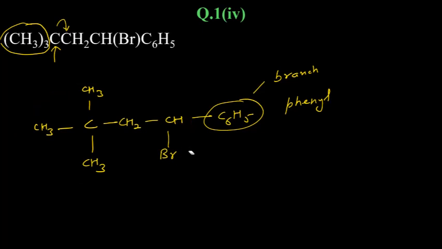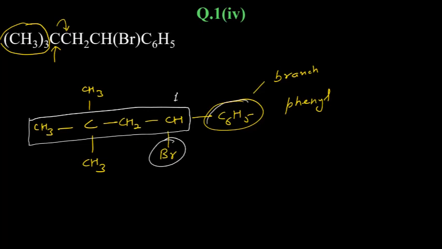Now the main chain. Main chain is of 4 carbons. Which one will be the first? This will be the first because on this one first there is no branching. If we consider the right one as first, you have 2 branches, alkyl groups attached, aryl group or halogen, whatever, attached. 2 branches.